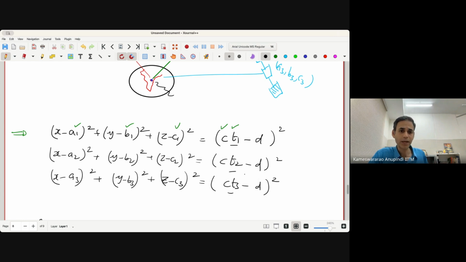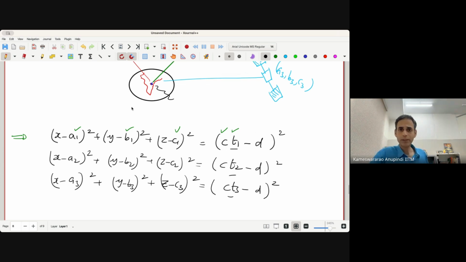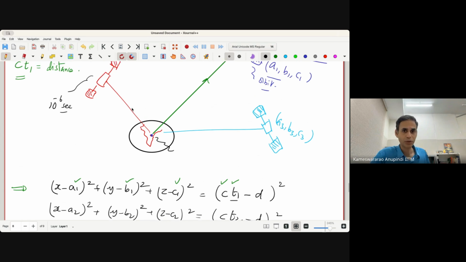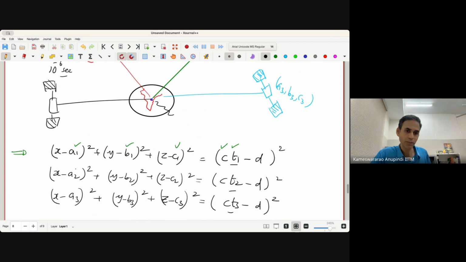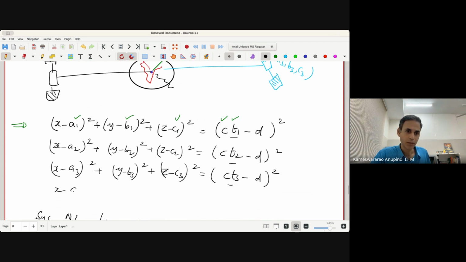But then we have again 3 equations and 4 unknowns. So how do we solve it? The solution is simple. Just put another satellite. If we have another unknown, just put another satellite. And that's going to give you x minus a4 square plus y minus b4 square plus z minus c4 square equals c t4 minus d whole square.